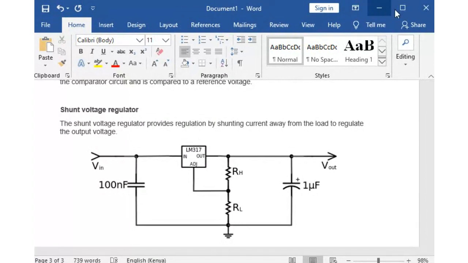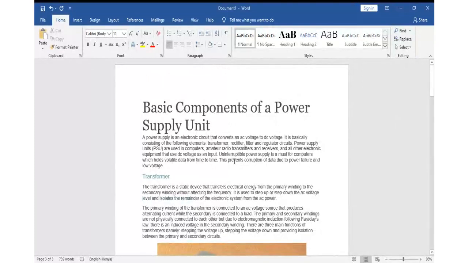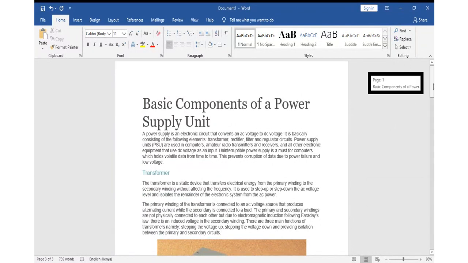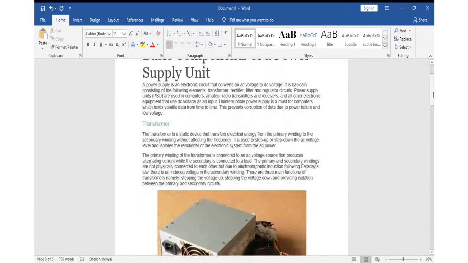Very well. Now, as you see, we said a power supply is an electrical device that converts AC to DC voltage, and we looked at that. Now, an AC to DC power supply has the following parts. Number one, it has the transformer. Now, what is a transformer?